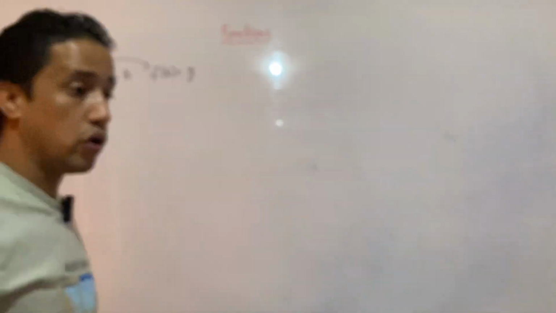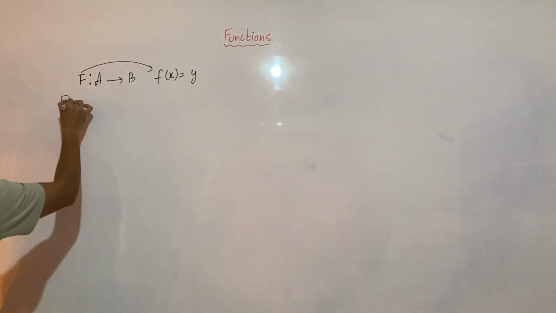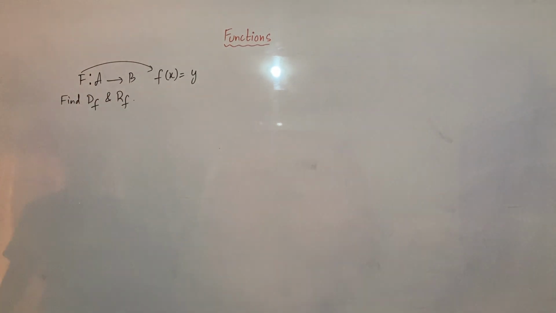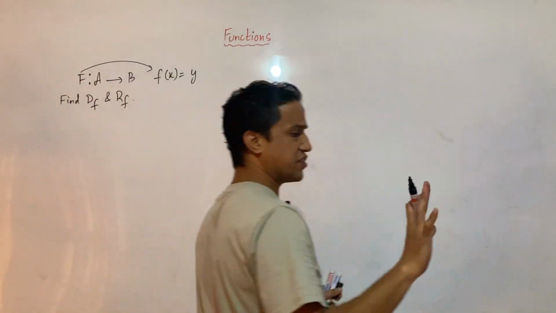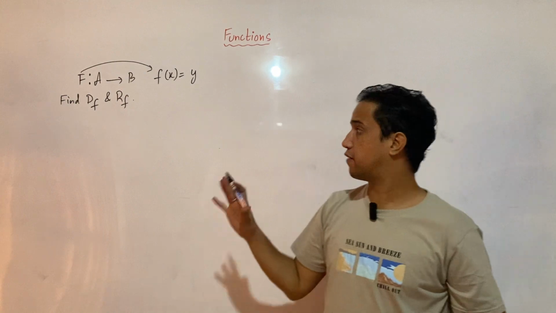You have to find the domain and range. Now see here, you are not given sets, nothing, just the function, and then they ask you to find the domain and range.